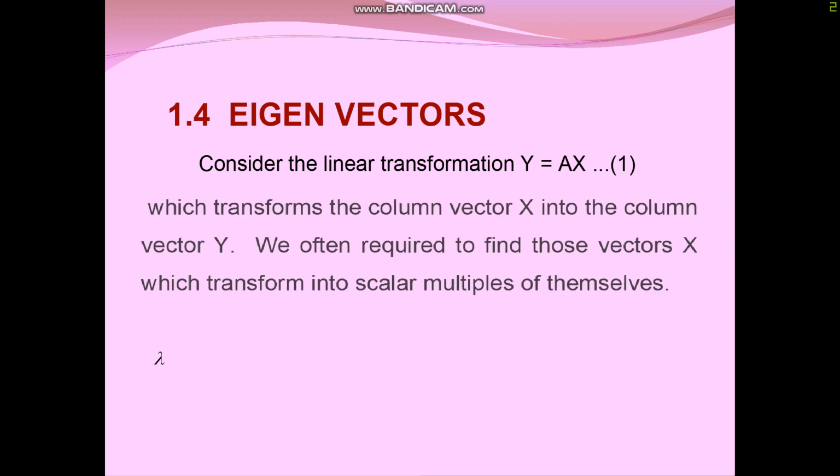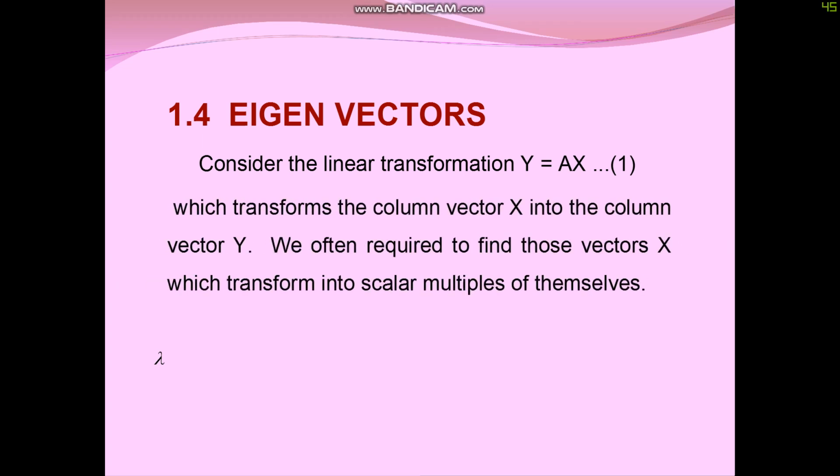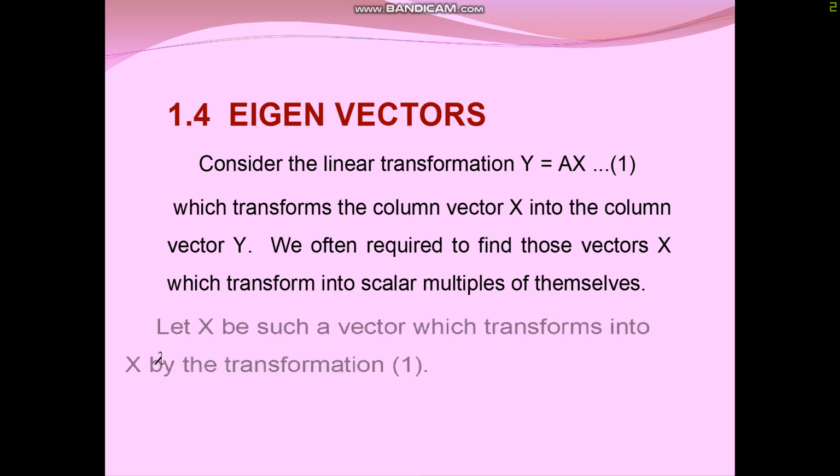The eigenvectors. Consider a linear transformation y equal to A of x, which transforms the column vector x into the column vector y. We often need to find those vectors x which are transformed into a scalar multiple of themselves.